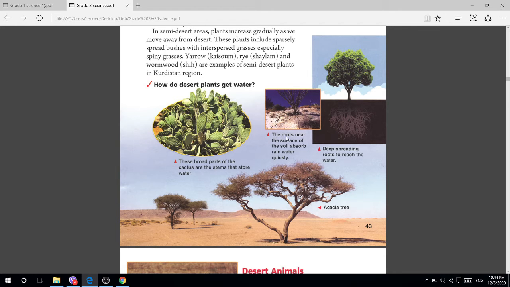And the roots near the surface of the soil absorb rainwater quickly. This is one characteristic of desert plants. They have very long roots and can absorb water quickly because they are near the surface.